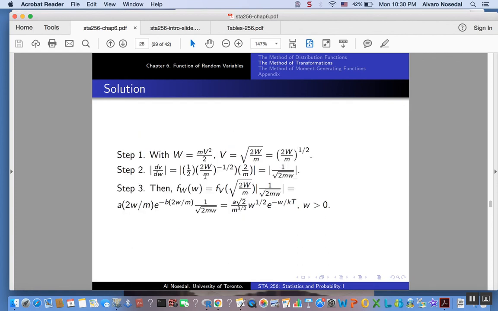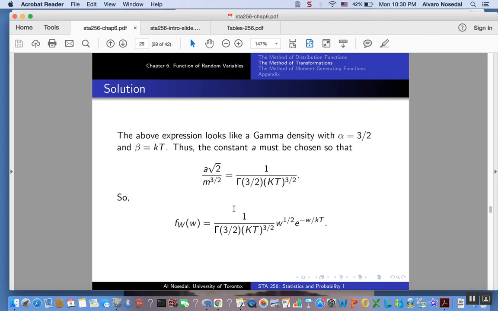Okay, this guy looks like the PDF of a gamma distribution, but in order to be a legit gamma, this constant would need to be equal to this 1 over the gamma function evaluated at alpha times beta to the alpha power, right? And that's it.